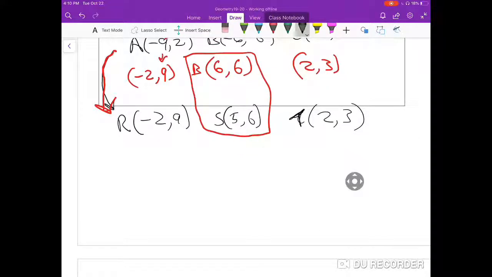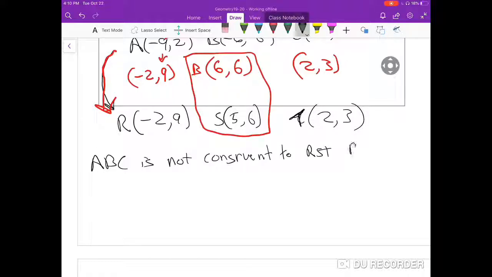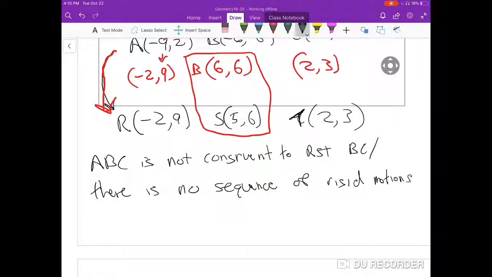So the way we would write this is that ABC is not congruent to RST because there is no sequence of rigid motions that map ABC onto RST. All right?